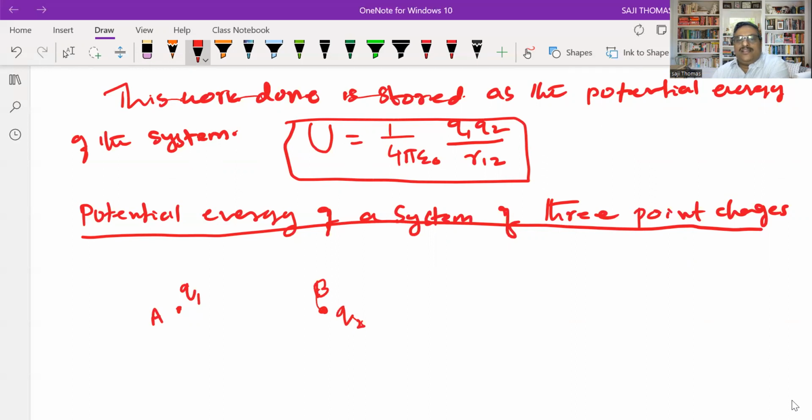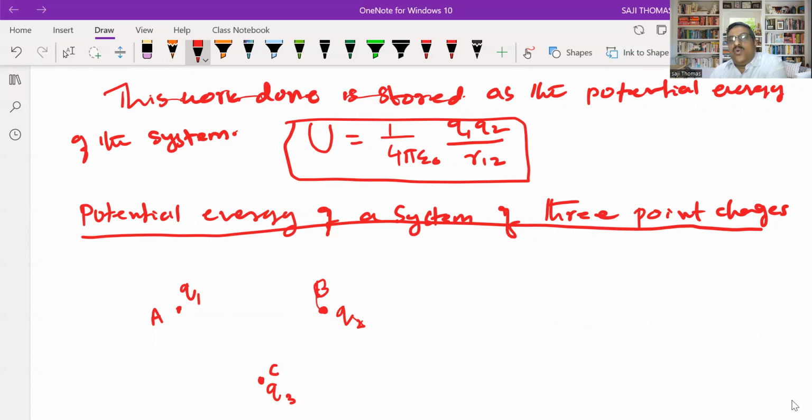Now I am bringing a third charge, Q3, from infinity to the point C. To bring the charge Q3 from infinity to the point C, you need to do work against the force of Q1 and work against the force of Q2.